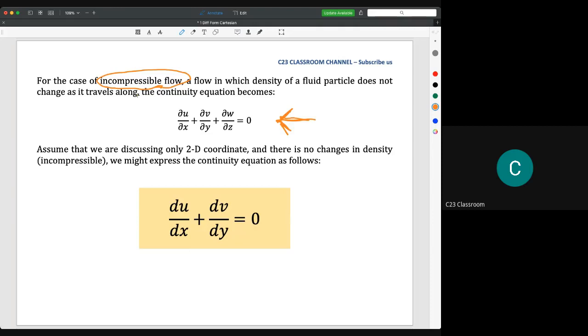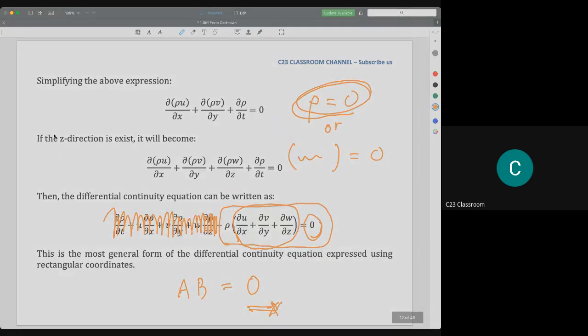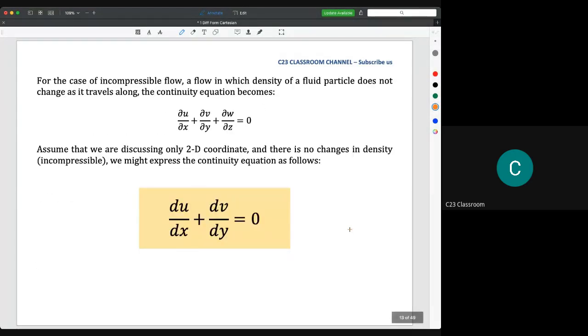Untuk keadaan compressible flow, memadai awak menulis seperti nilai ini. So ini adalah continuity equation untuk semua keadaan, compressible dan juga incompressible. Tetapi jika kita hanya menilai incompressible flow, memadai untuk awak menulis nilai ini.